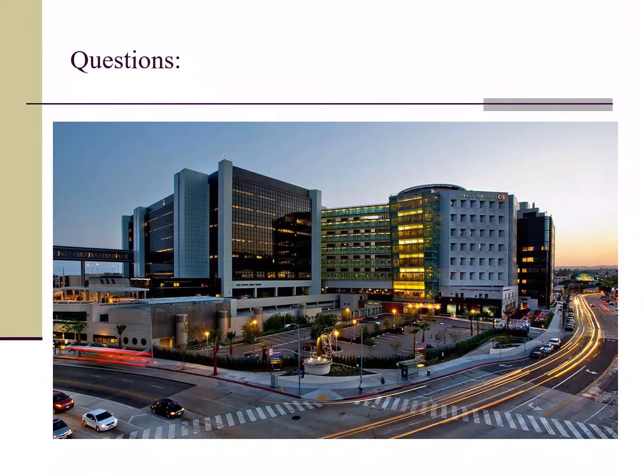However, because it is permanent, we only do this if there's absolutely no function in that diaphragm. We do not do it on a partially working diaphragm because now you're going to completely eliminate the diaphragm from functioning at all. So we only do it if you have complete paralysis of one diaphragm.